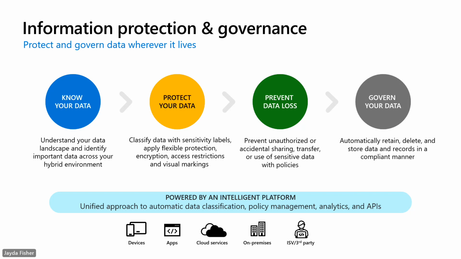By focusing on these 4 areas, knowing your data, protecting your data, preventing data loss, and governing your data, organizations can right away minimize the risk of data breaches and other security incidents, while also enabling secure and compliant data sharing and collaboration. So Microsoft provides tools to help you monitor the classification and policy enforcement.